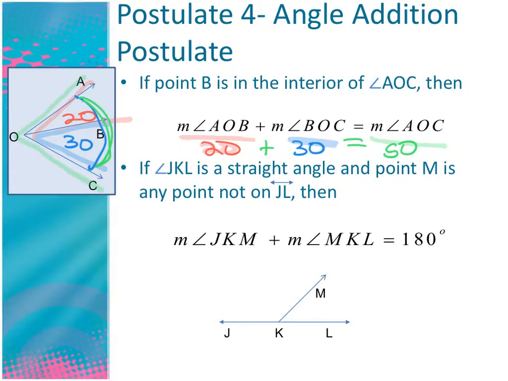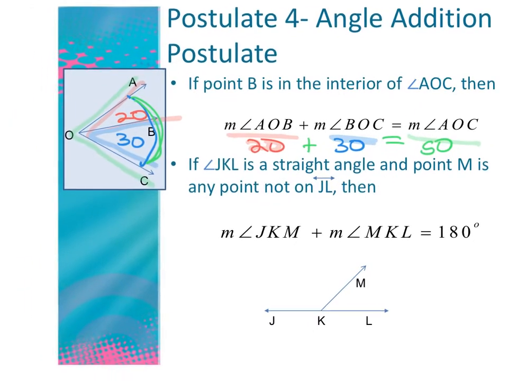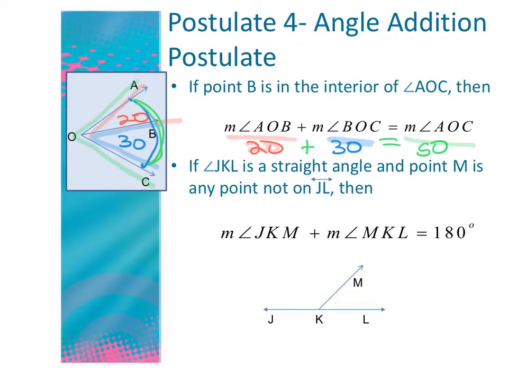So you can take it and add it piece by piece to get a larger angle. Now, notice for this angle addition postulate to work, you're going to need a ray here with a point in here. So you're going to say if point B is in the interior of this green angle, then you can say that you can split it into two pieces and add them up.